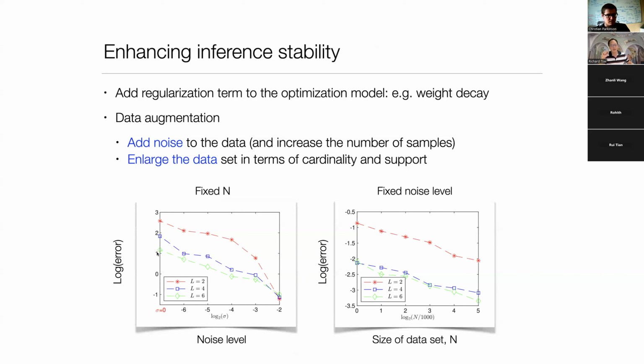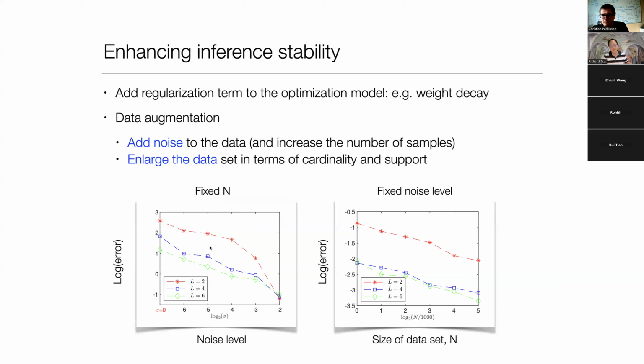And it's a log plot, base 10 I think. And you see 3 curves. These correspond to the number of hidden layers in your fully trained neural network. The first message is that as the noise level increases, with the number of data points fixed, the error decreases, which is good.